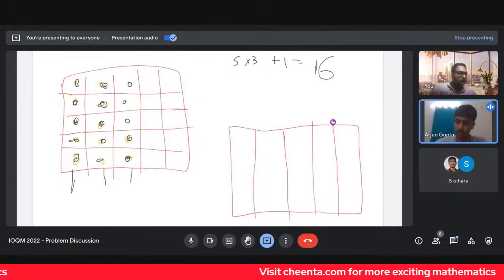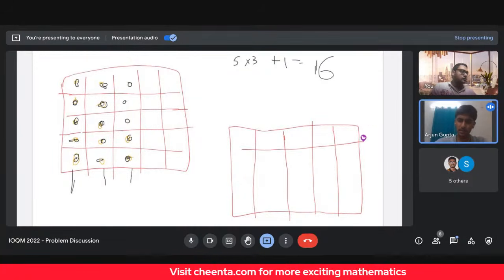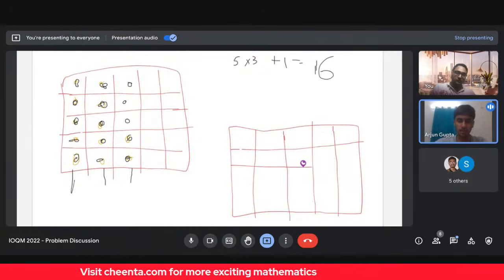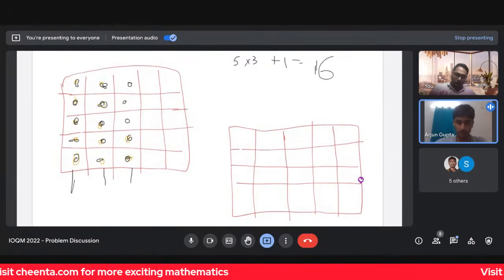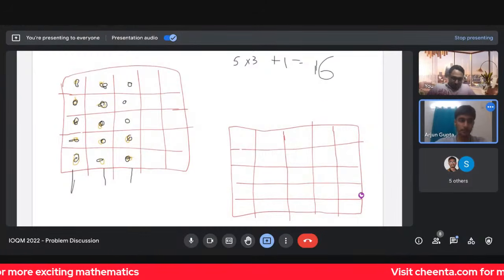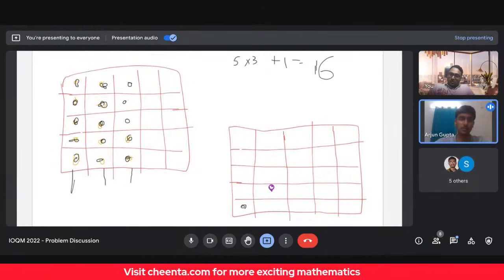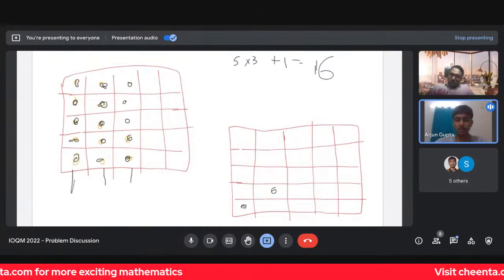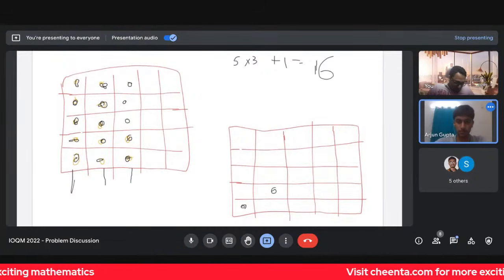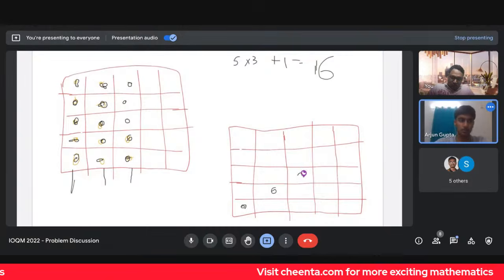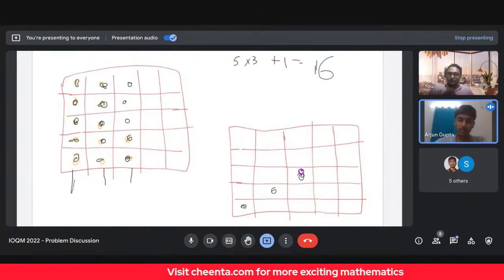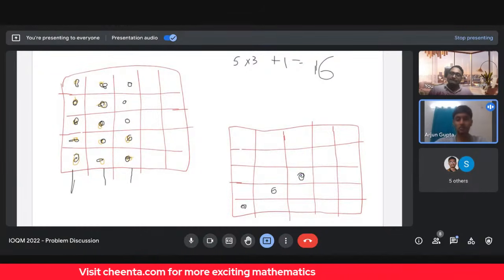If we can't even find 3, then we just keep placing more rooks until we can find 3 such rooks. Now suppose these black three rooks are the three rooks which clearly do not attack each other.